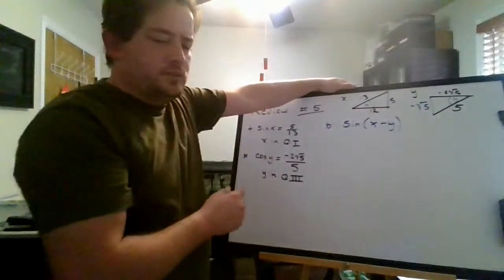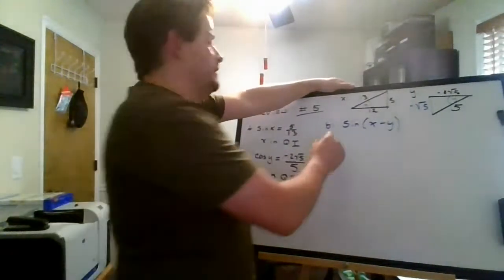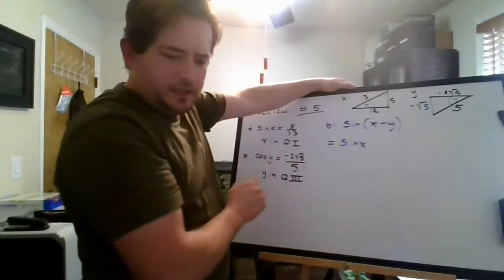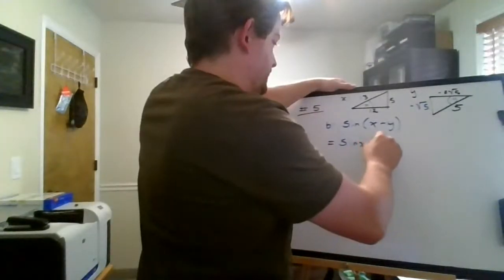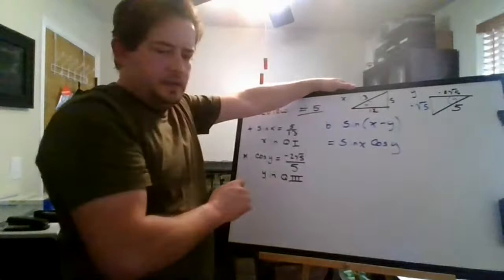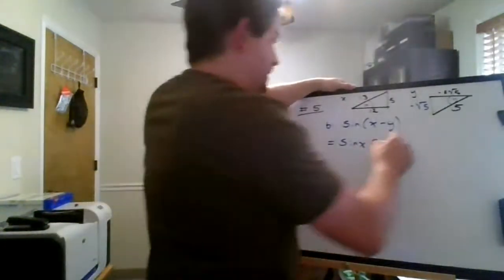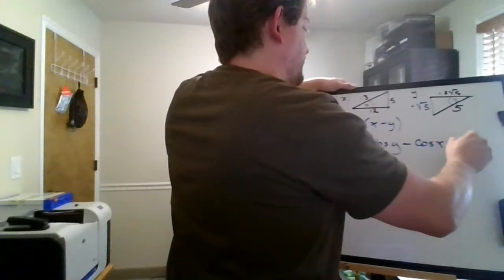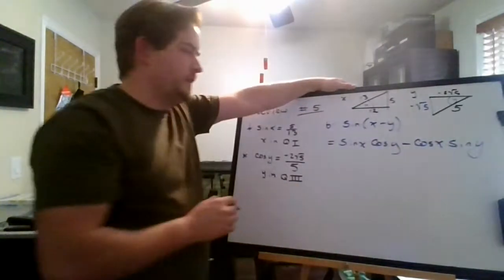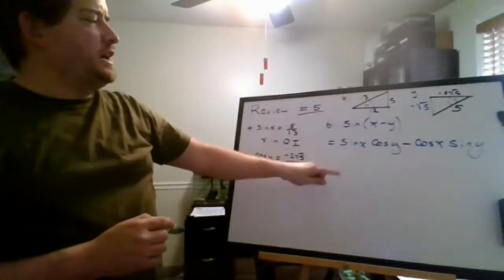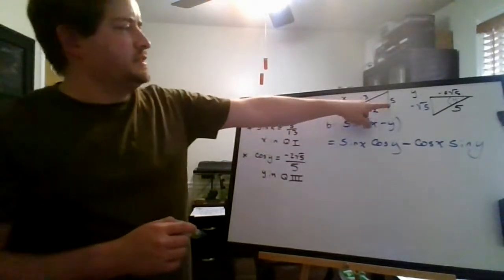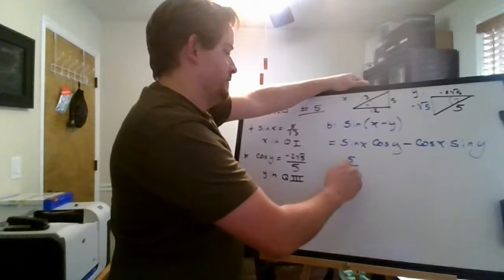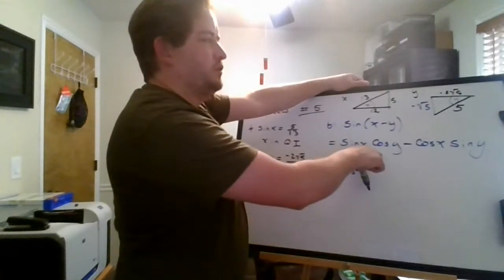There's an identity here as well. Sine of x minus y is equal to the sine of x times the cosine of y, right? Minus the cosine of x times the sine of y. Right? But again, these all come from these triangles, so I have the sine of x, that is 5 over 13, times the cosine of y.